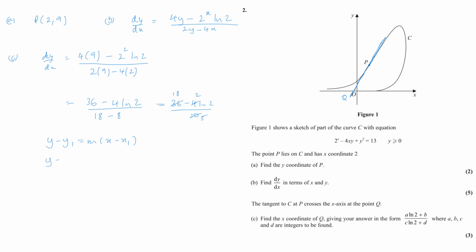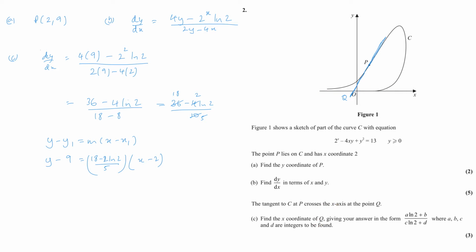So y minus 9 equals (18 minus 2 ln 2)/5 times (x minus 2). Now at this point I don't need to simplify this because I've got to find the x coordinate of Q, and this hits the x-axis.